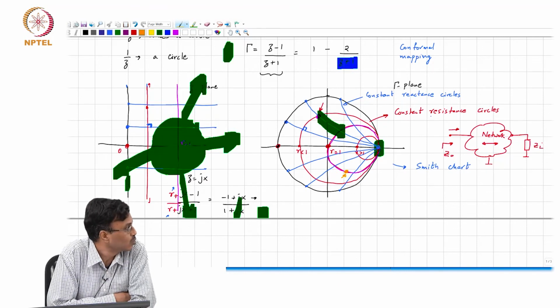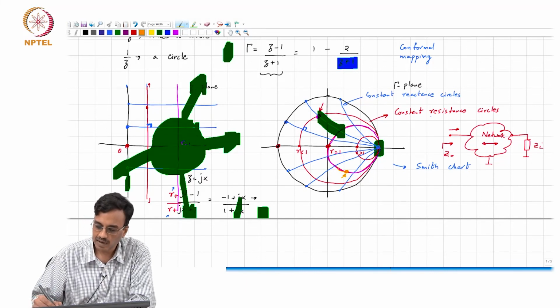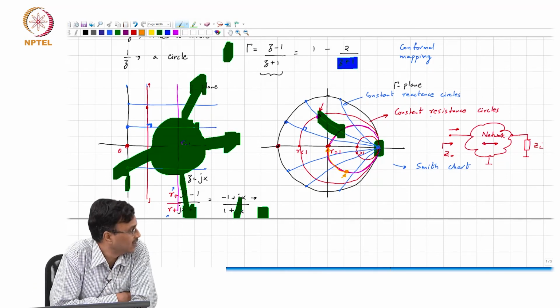Clearly the resistance is 1, the reactance is not what you want it to be. So, what do you think you could do? You are on a constant resistance circle, and so you add the appropriate reactance to cancel out the reactance that ZL has already, and you will end up with a matched input impedance, right.